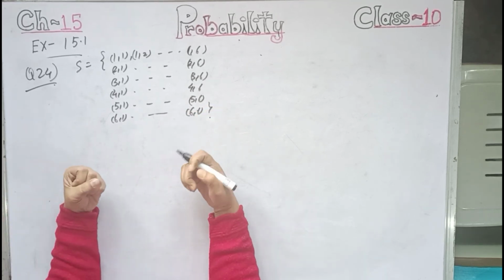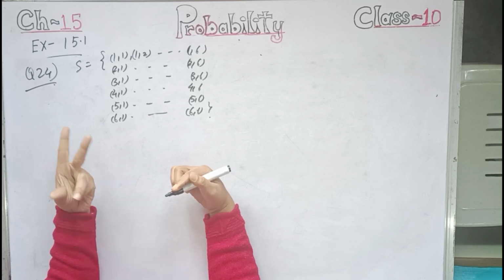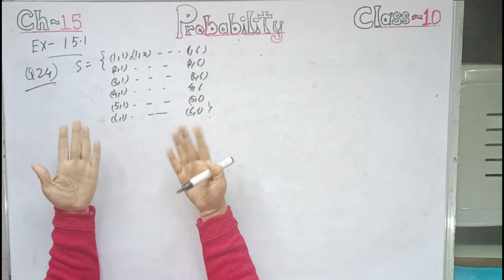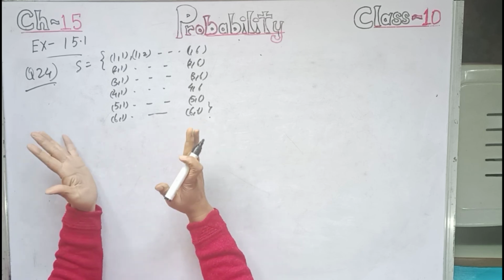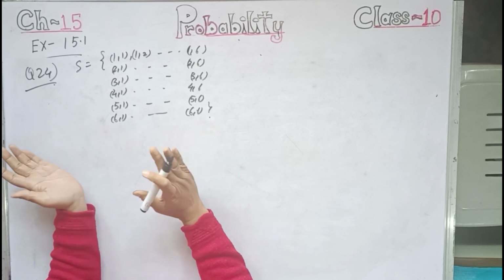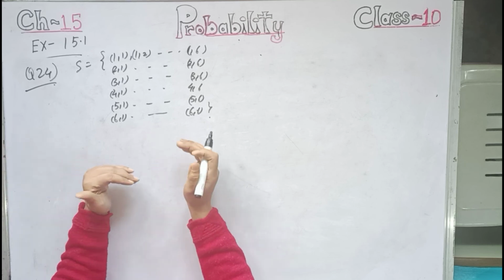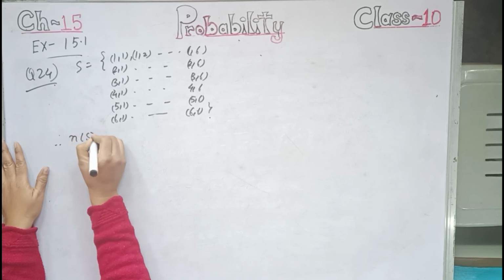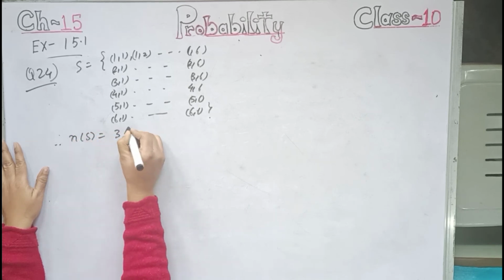Keep in mind, throwing 2 dice simultaneously and 1 die 2 times will be considered the same. The observations will come the same. As I said in terms of coins, the same applies for dice as well. So therefore NS equals 36.